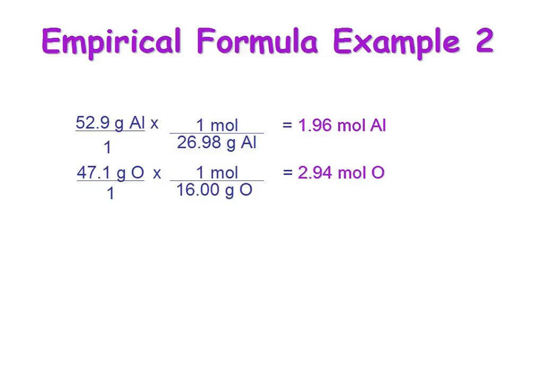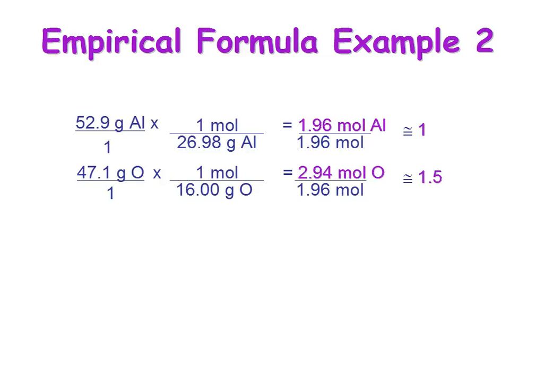Steps 1, percents to grams, and step 2, converting grams to moles, are completed. So now we're going to take our smaller number of moles, which will be aluminum, and divide that into both the moles of aluminum as well as the moles of oxygen. That gives us a ratio of 1 for aluminum, and one of about 1.5 for oxygen.